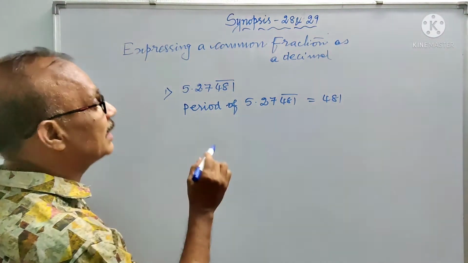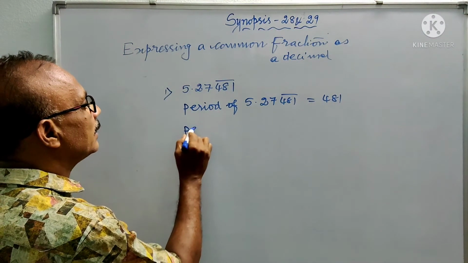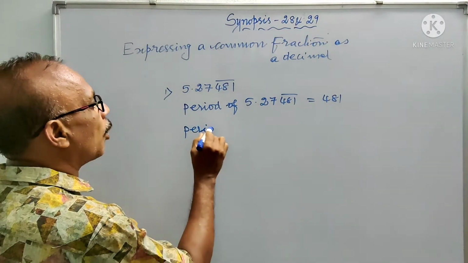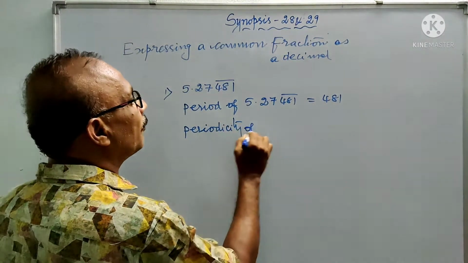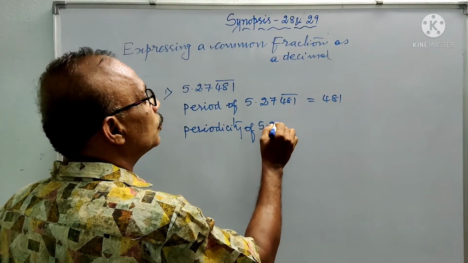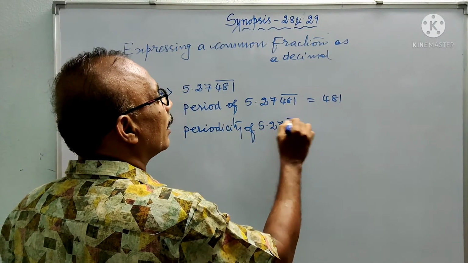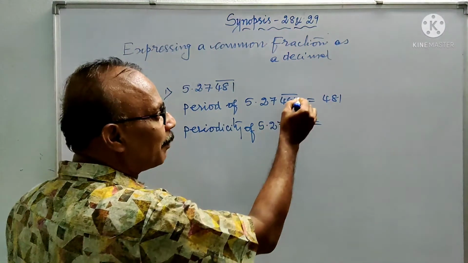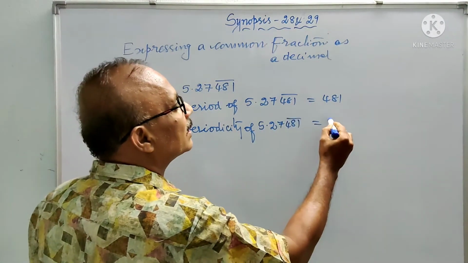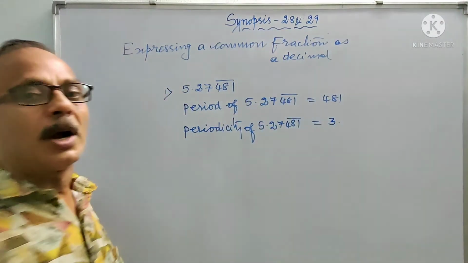So the recurring part, the repeating part of a non-terminating recurring decimal is called its period. And the number of digits present in the recurring part is called its periodicity. So periodicity of 5.27481 bar is equal to, how many digits are there in the recurring part? 3.